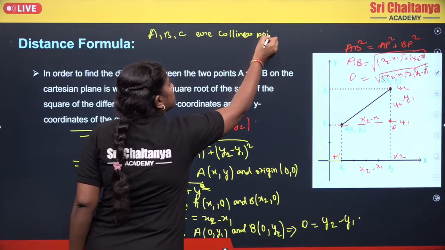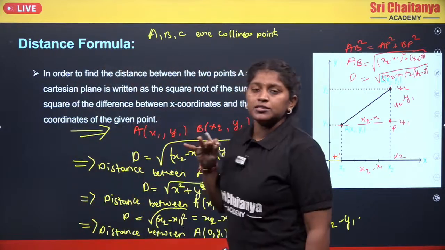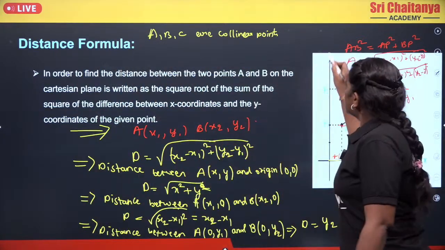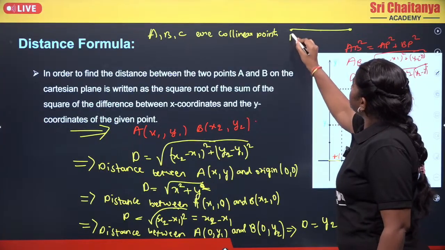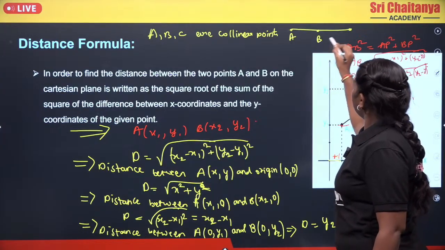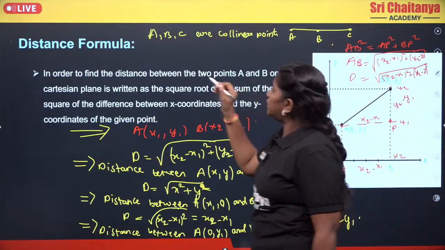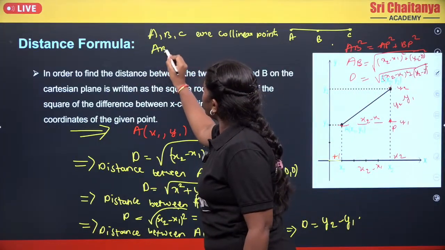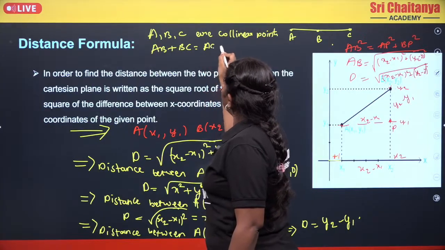So from this, what is the diagram we can give? Collinear points lie on the same line. So if you take the line, here I am considering my A, B and C. Understood? Now from this, what is the condition you will get? One condition is AB plus BC equals AC, right?